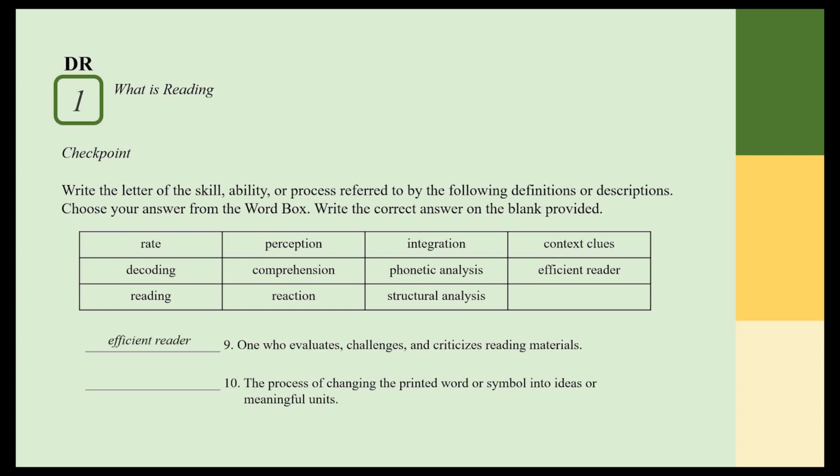For item number 10, the process of changing the printed word or symbol into ideas or meaningful units, the answer is decoding. How did you do? If you got a score of 10 over 10, that means you fully grasped the meaning of the first DR. So you are now very much ready for DR 2.